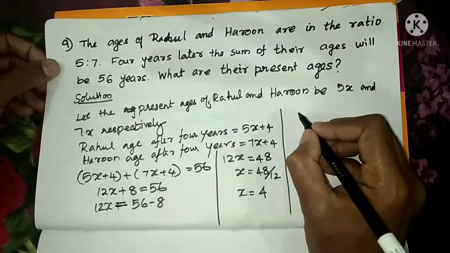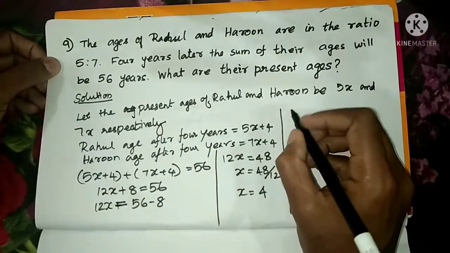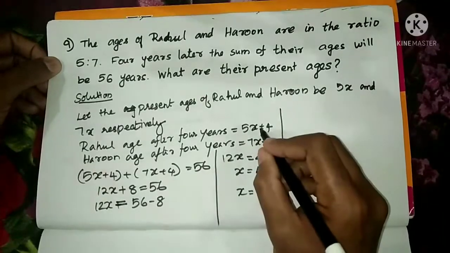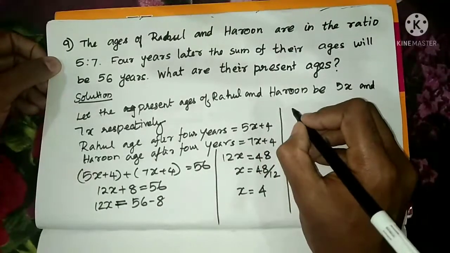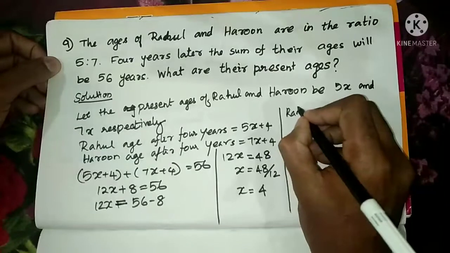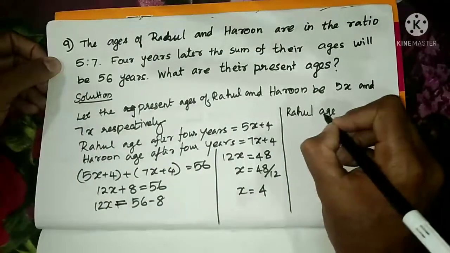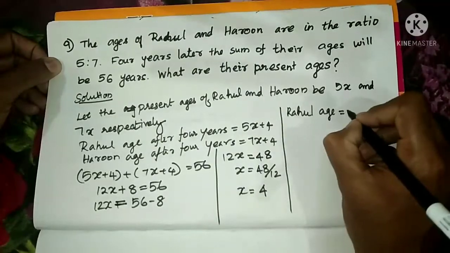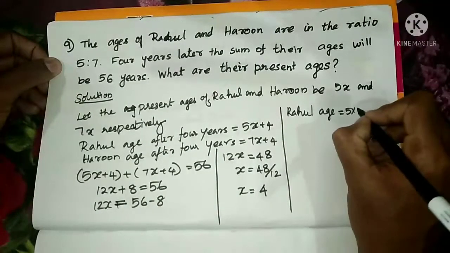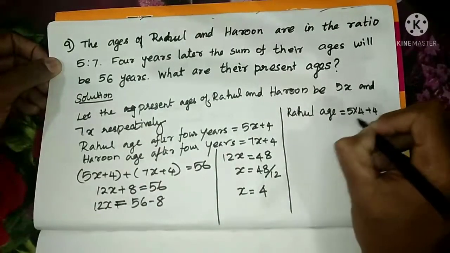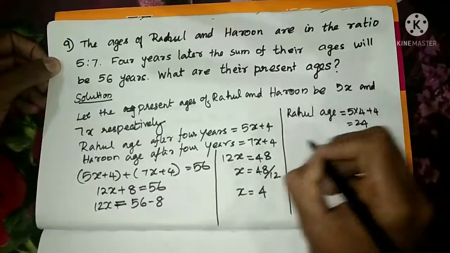So Rahul's present age, when you subtract here, we'll get Rahul's present age equal to 5 into 4 plus 4, which is 24.